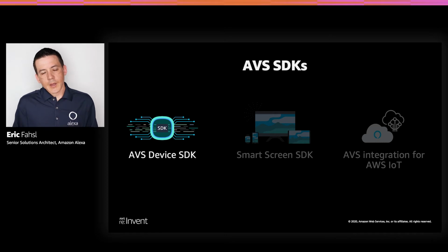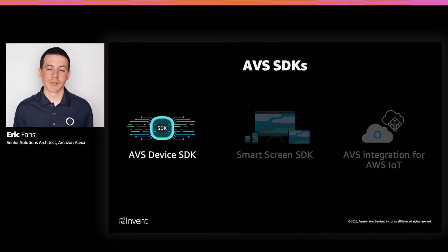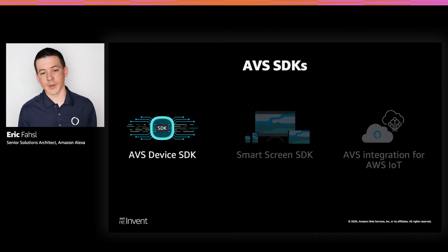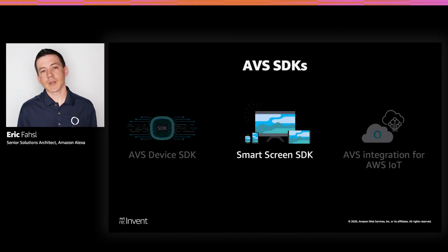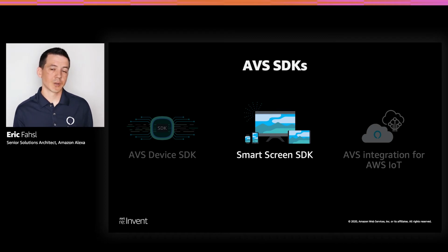It is the basic functionality you need to turn your device into an Alexa built-in, plus it's modular so you can swap out components, and it's really where we recommend our starting point for any device maker. Next is the Smart Screen SDK, which extends that device SDK and adds visual support, visual displays, and also allows for touch or select input on the device.